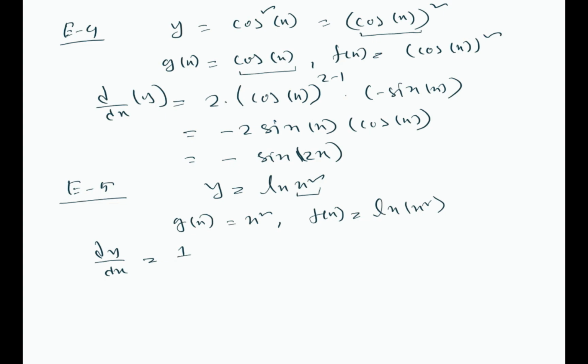The derivative of ln of x is actually 1 over x. So in place of x we have x squared, so 1 over x squared, times the derivative of the inner function, which is 2x. 2 minus 1 is 1, so I don't need to write this. So I can write it more simply as 2x over x squared. In the denominator we have x squared, in the numerator we have 2x.